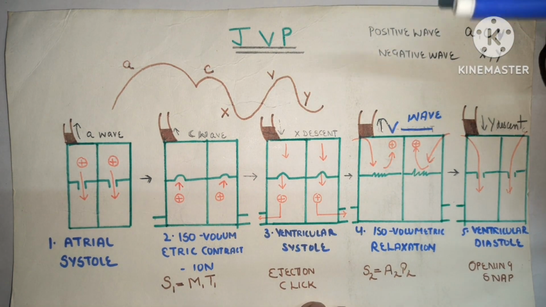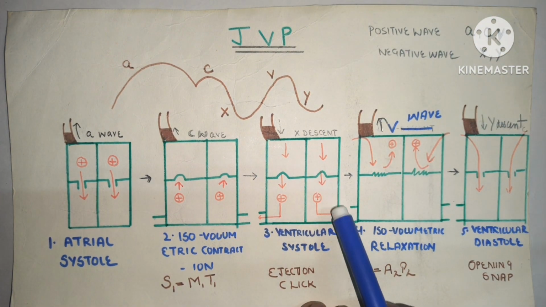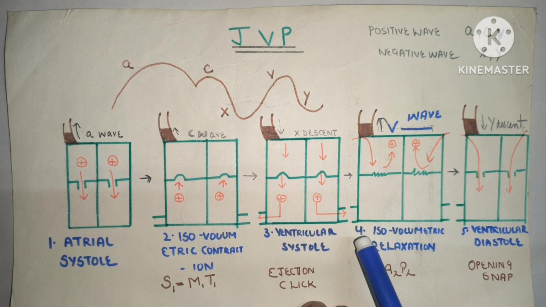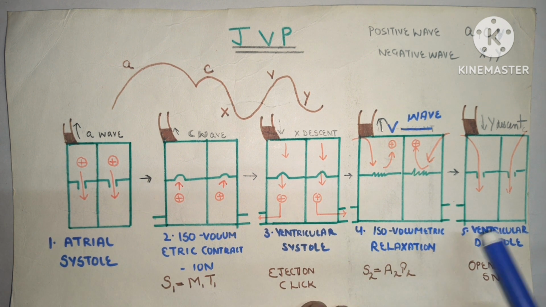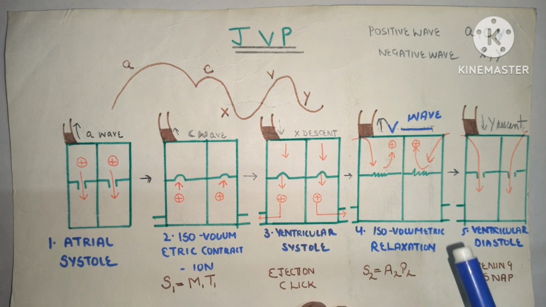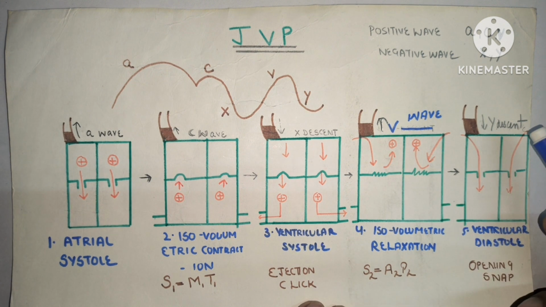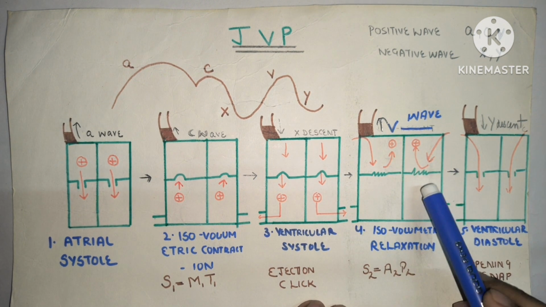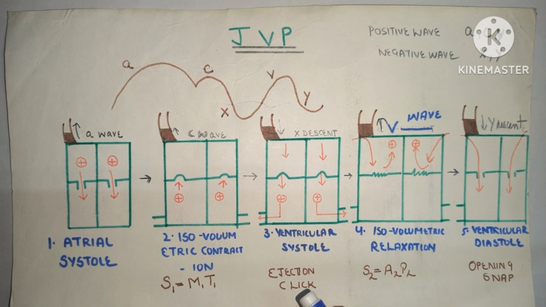Now again, what is going to happen? When all the blood is thrown out of the ventricles, the aortic valve and pulmonary valve will close and the mitral and tricuspid are still closed. So this shows isovolumetric relaxation of the ventricles.